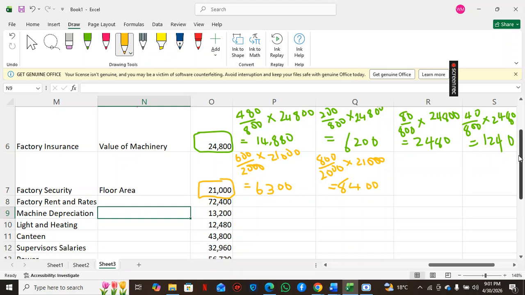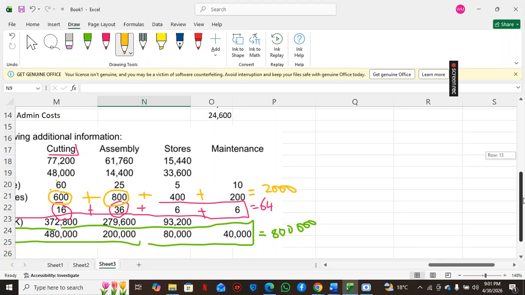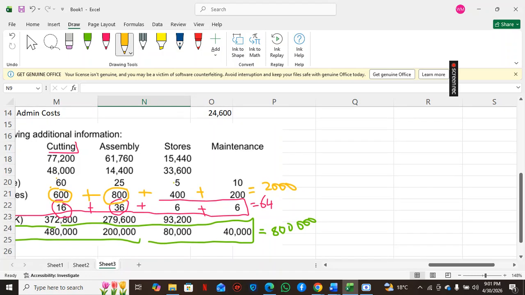Then the other one was stores, 400 over 2000.